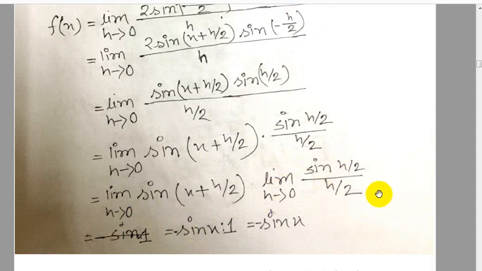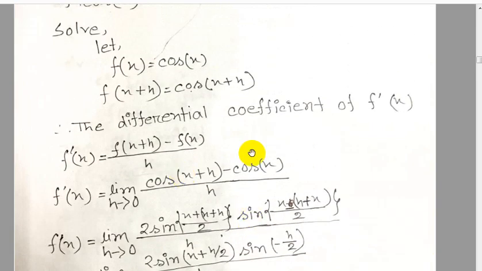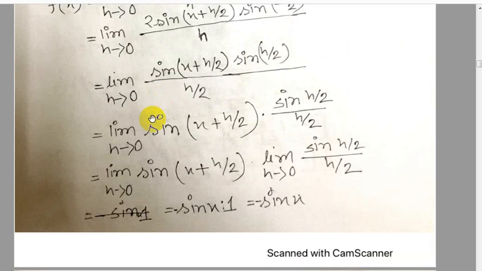Here we have limit h tends to 0 of minus sin of h by 2 divided by h by 2. We can take minus out of this limit, and we will get limit h tends to 0 of sin of h by 2 divided by h by 2, and this term will be 1. Therefore we will get minus 1 multiplied with minus 1 multiplied with this sin x, and this will become minus sin x. Therefore we can say that the first derivative of cos x will be minus sin x.